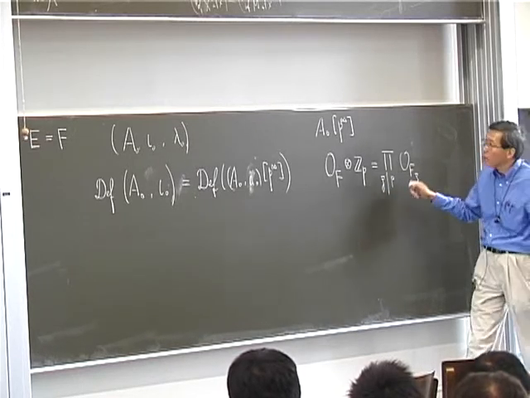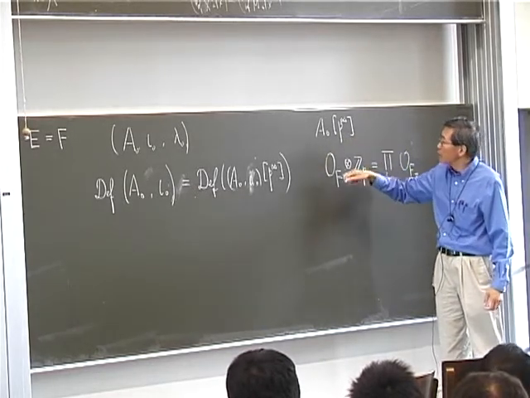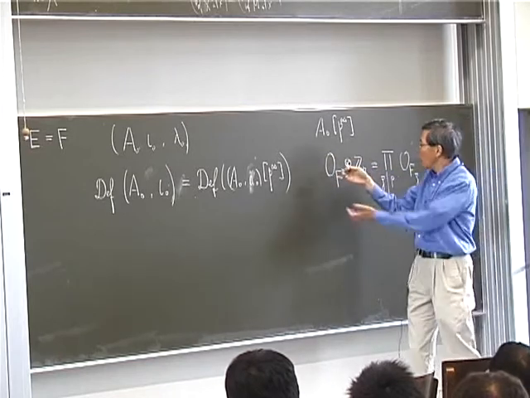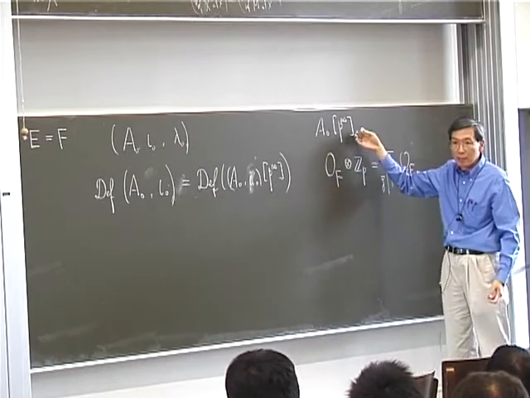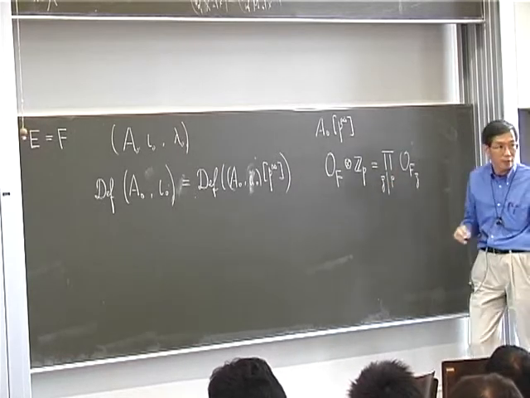So, in fact, every Barsotti-Tate group with endomorphism by O_F will decompose into a product by using these idempotents.